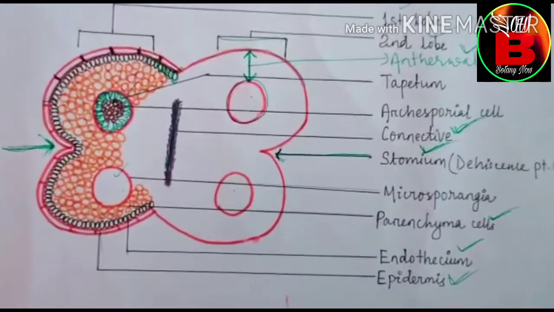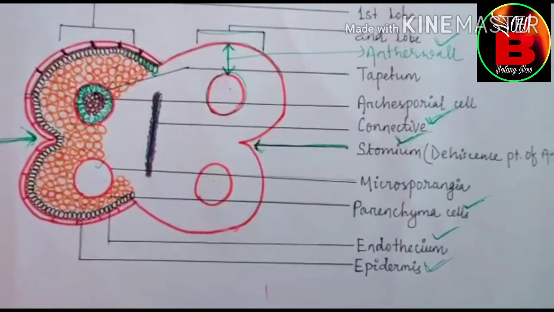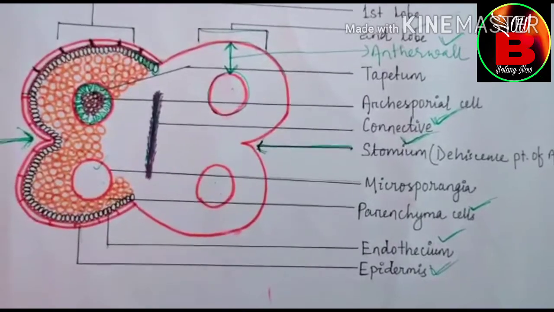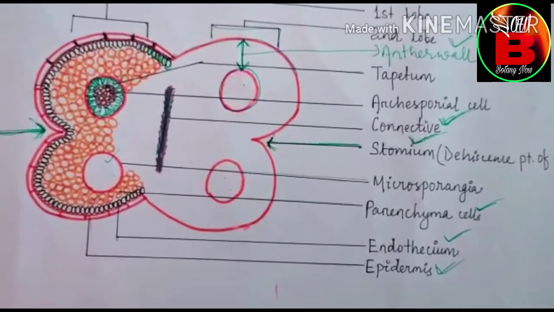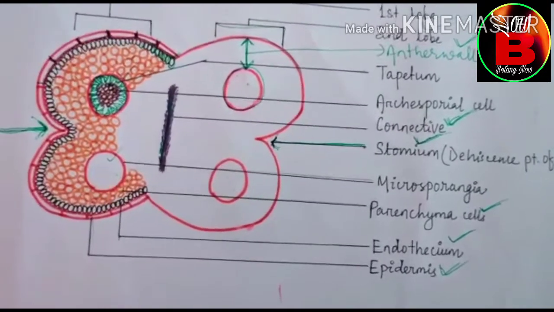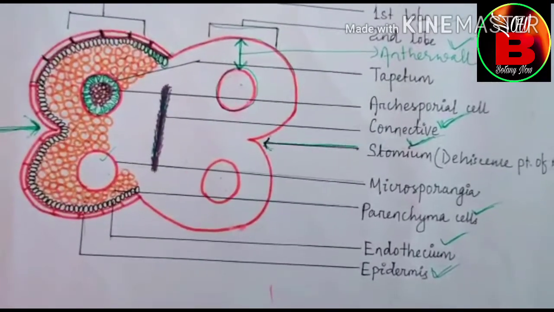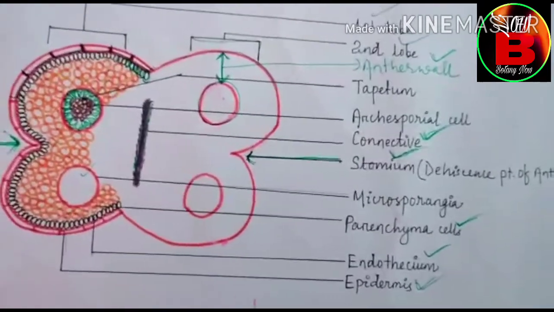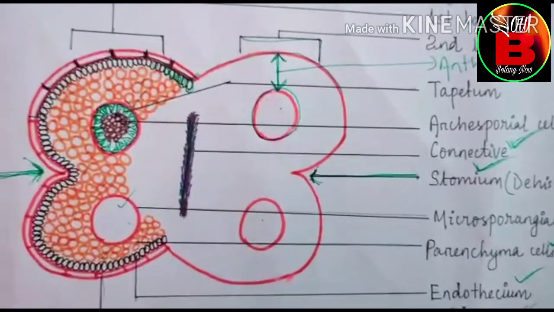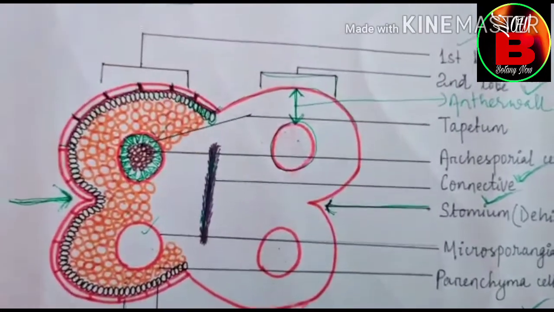So the anther wall consists of 4 layers. First is the epidermal layer, or the epidermis. Second is the endothecium. Third is the parenchymatous layer. And the innermost is the tapetal cells, or the tapetum. Then what is inside the microsporangia?